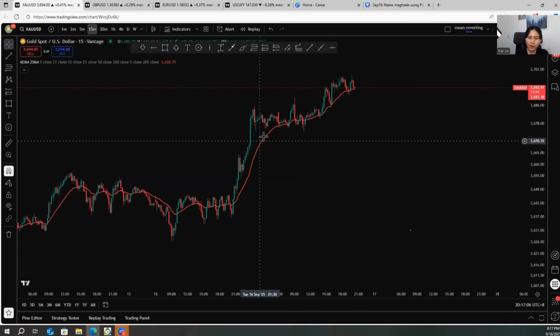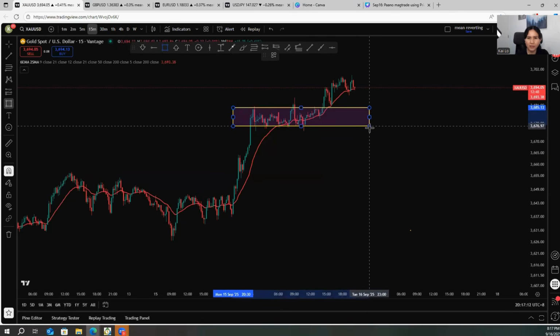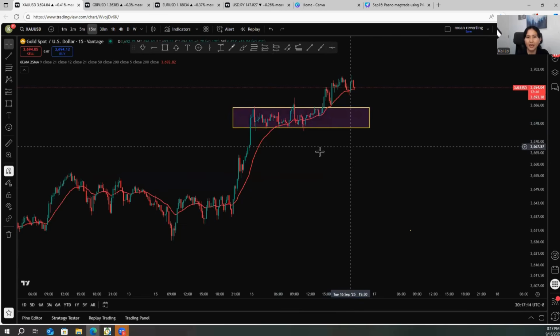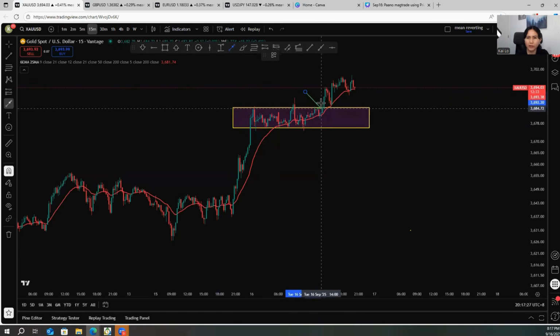If we wait for it to pull back, for example, somewhere here, right, it is consolidating, and somewhere here, if we want to break out and we wait, for example, if we are looking for a breakout here, we would have entered in this specific candle.